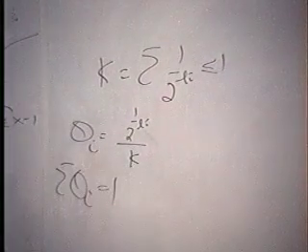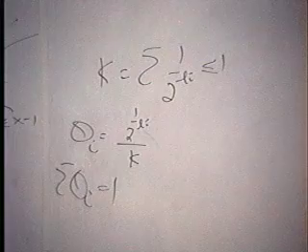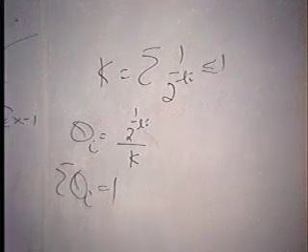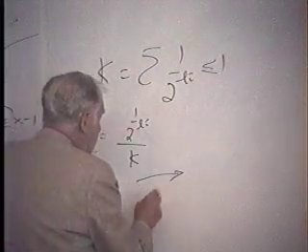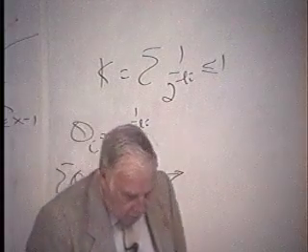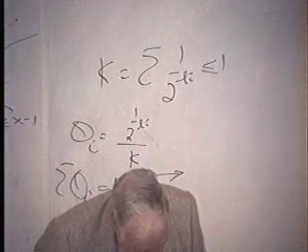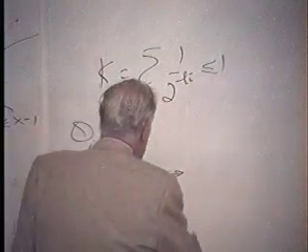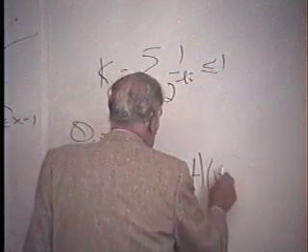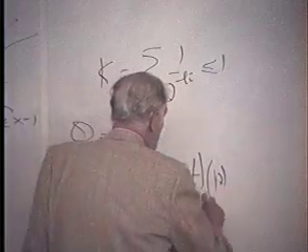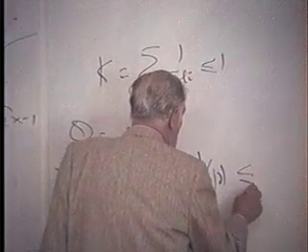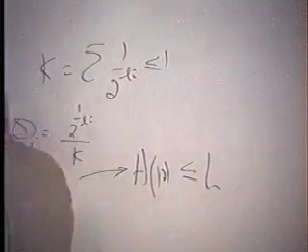I fixed it up that way. If I use those Q's in here, what I will find from some simple algebra is that the entropy H of P is less than or equal to L, the average code length.